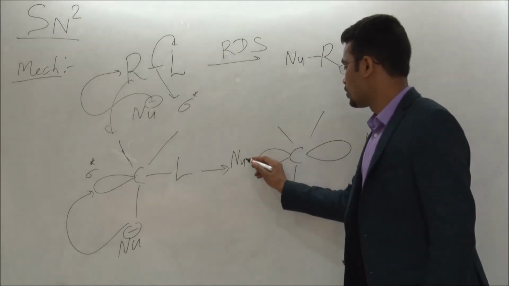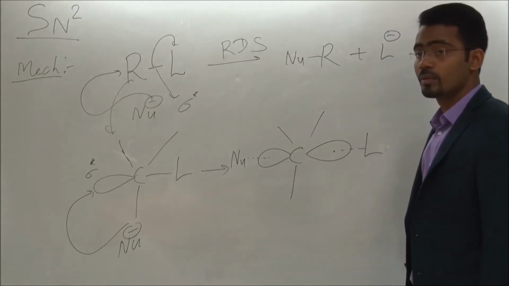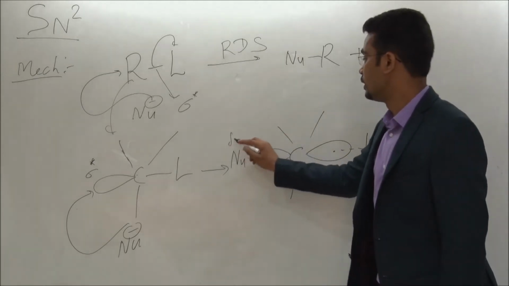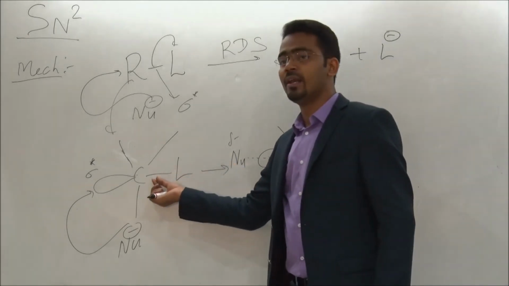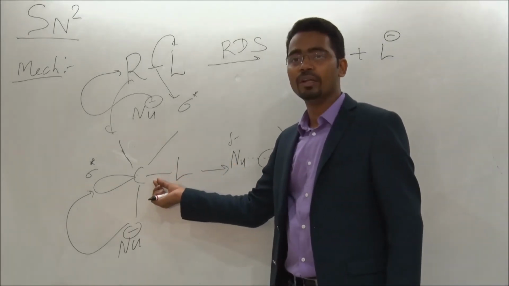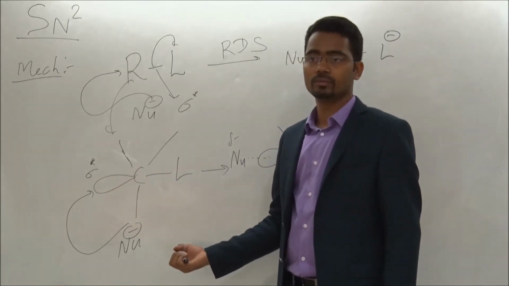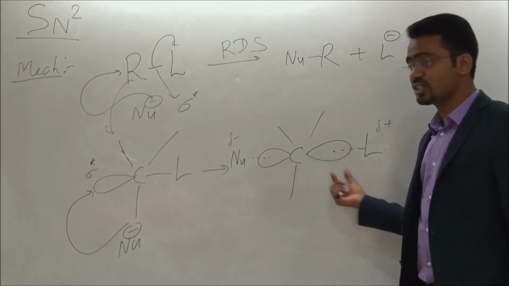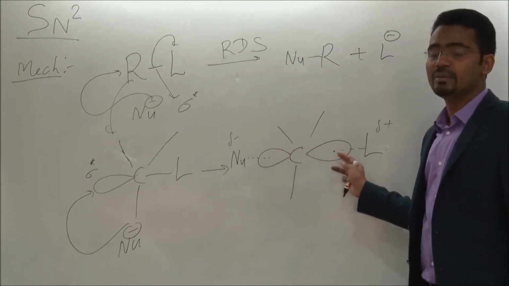So this is the transition state. It has delta minus. The bonding orbital becomes anti-bonding, or the anti-bonding orbital becomes bonding. So this is the transition state where there is no bonding and anti-bonding orbital.